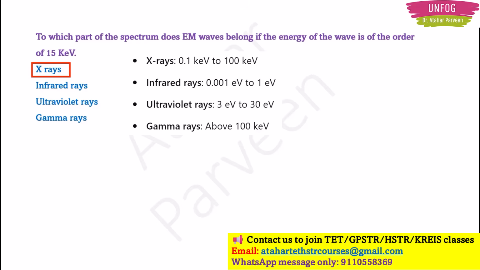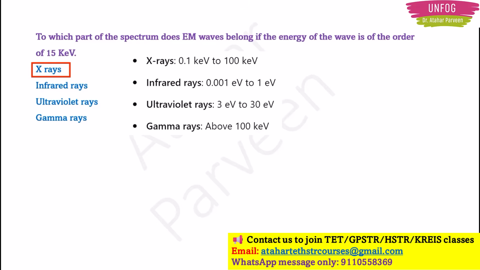Infrared and UV rays are lying between X-rays and gamma rays in terms of energy, whereas in between infrared rays and UV rays, if you want to understand, infrared rays start from 0.001 eV to 1 eV, whereas UV rays start from 3 eV to 30 eV. Just have an idea about this range. This will help you because 15 keV will lie between 0.1 keV and 100 keV, right? So our answer is X-rays.